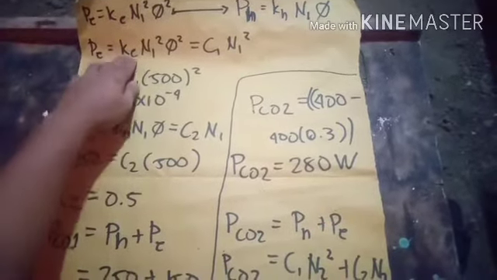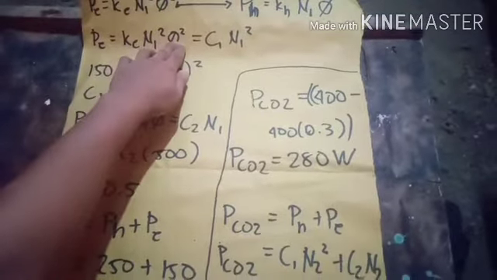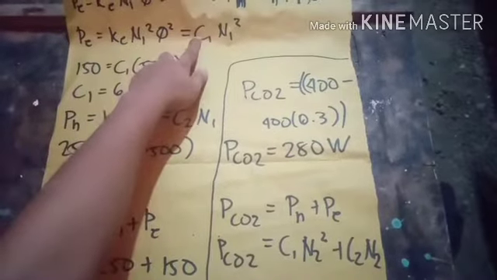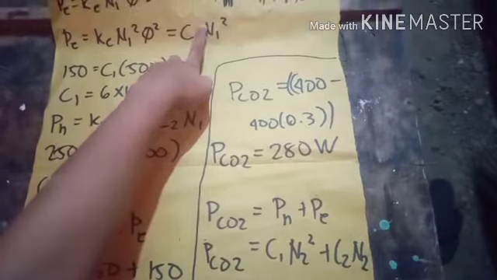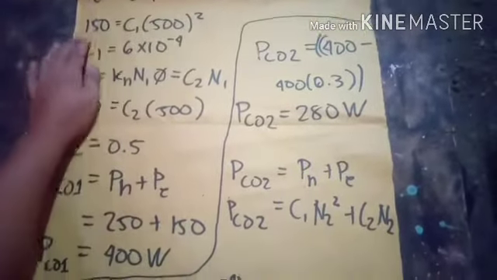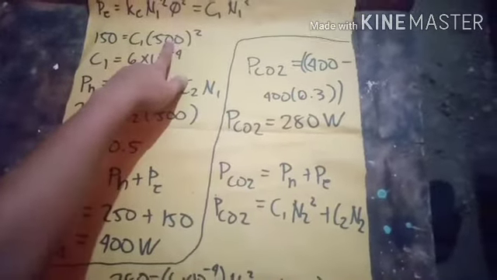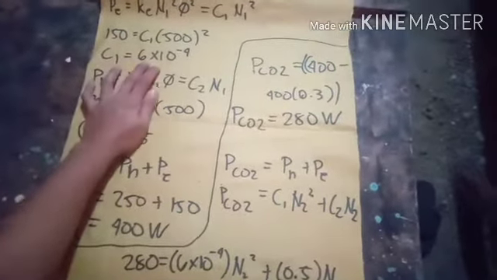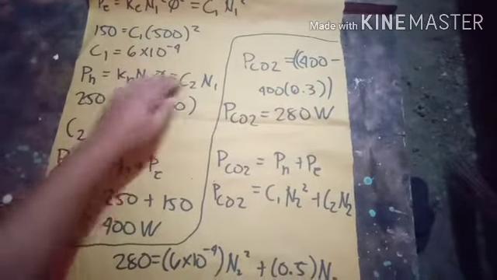P sub E is equal to K sub E N sub 1 squared times flux squared, equal to C sub 1 times N sub 1 squared. So 150 is equal to C sub 1 times 500 squared. So C sub 1 now is equal to 6 times 10 to the power of negative 4.